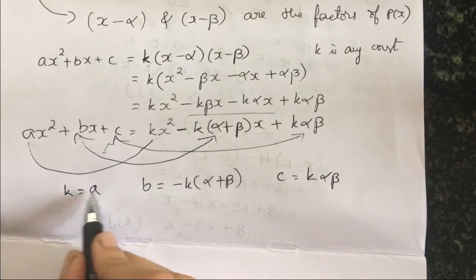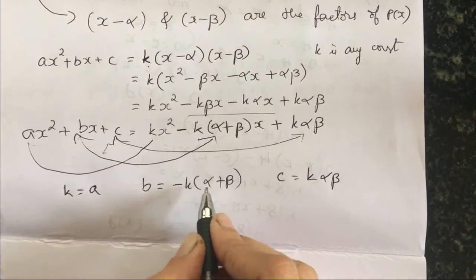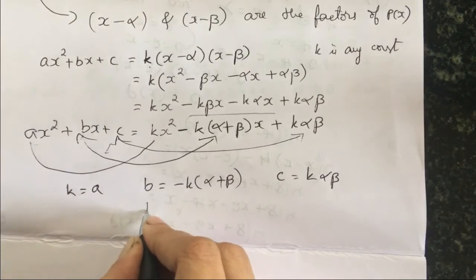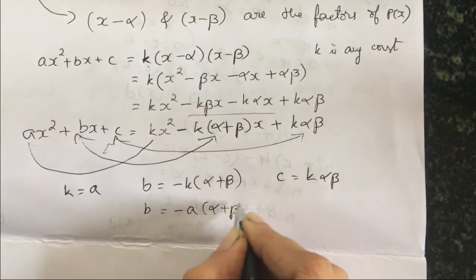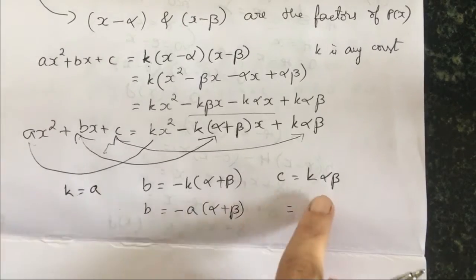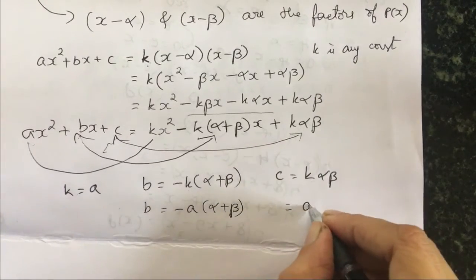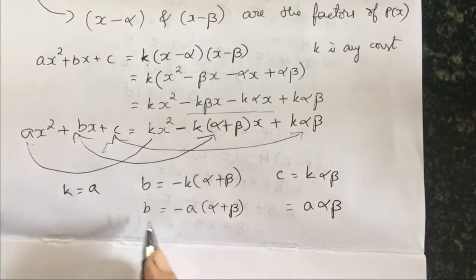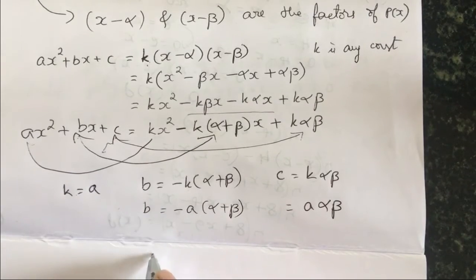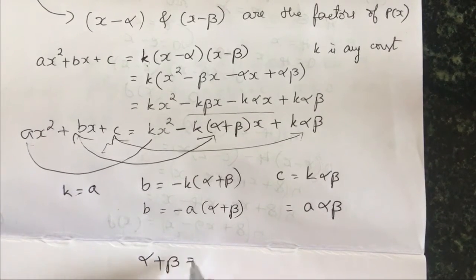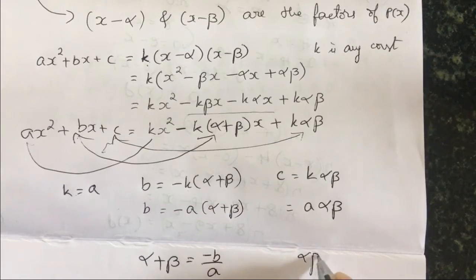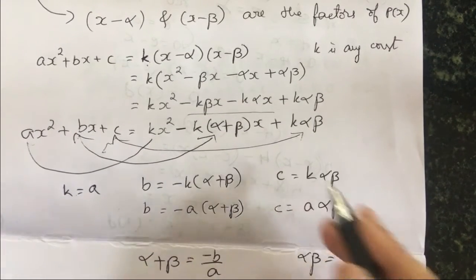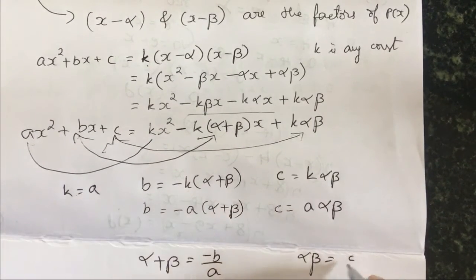So now K equal to A, I'll just substitute over here, B equal to minus A into alpha plus beta, and again K equal to A, I'll substitute over here, C equal to A alpha beta. You rewrite this: alpha plus beta equal to minus B by A, and alpha beta equal to C by A, right?